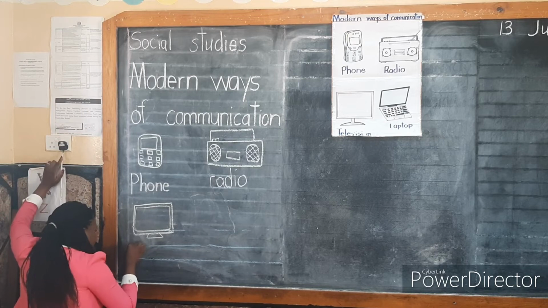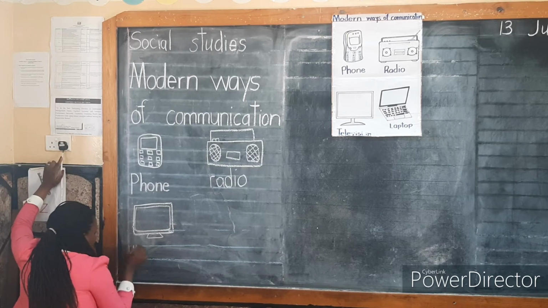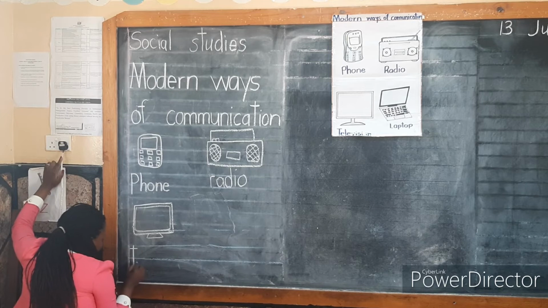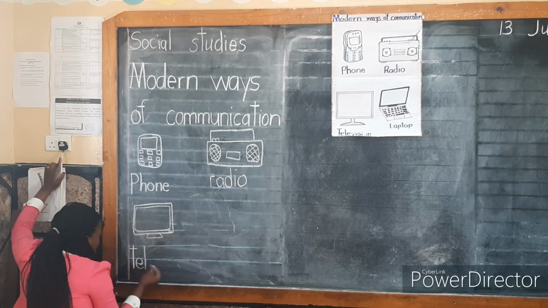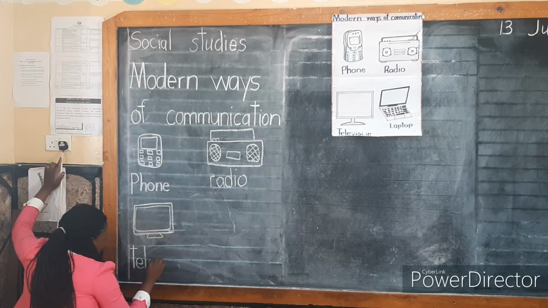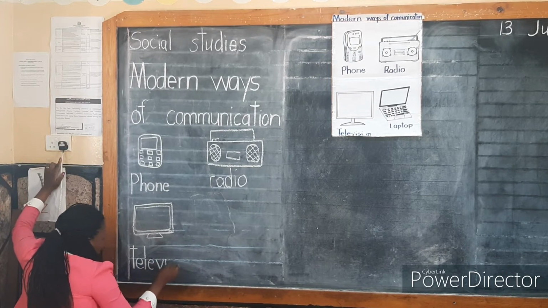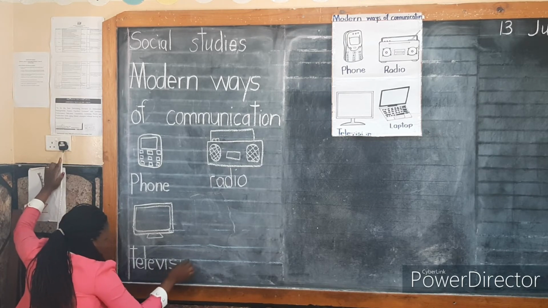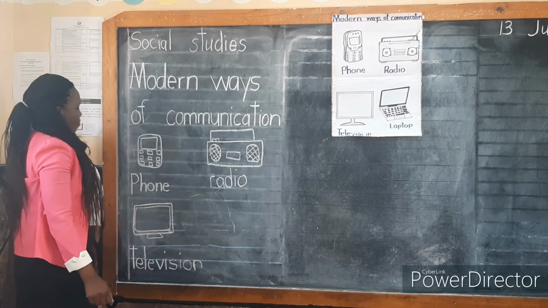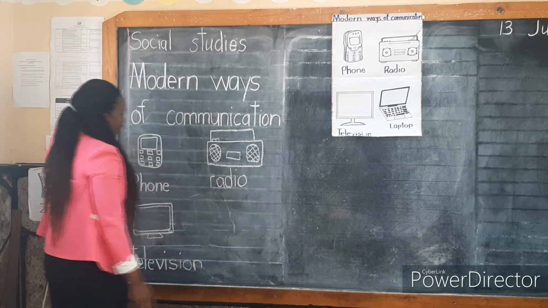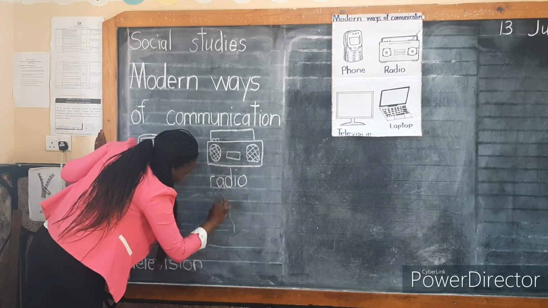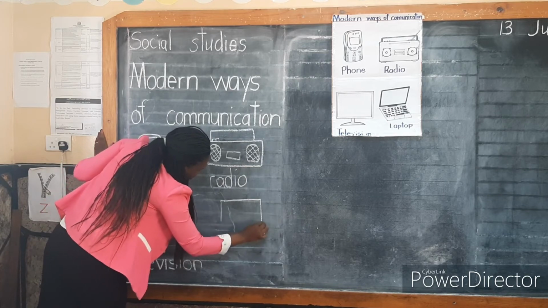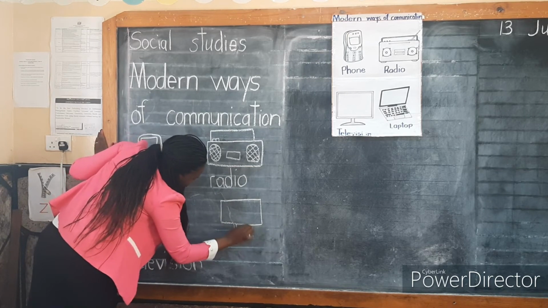So I'm going to write here the word television. Okay. Apart from this, I'm going to draw a laptop. So I'm going to draw a laptop.